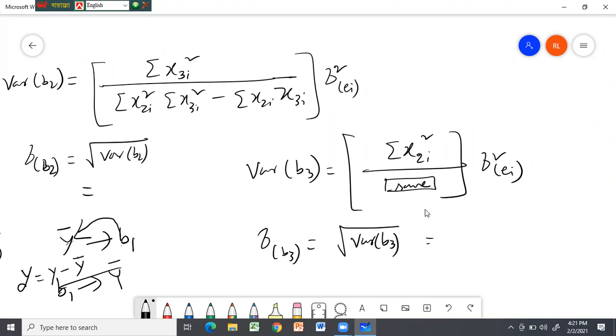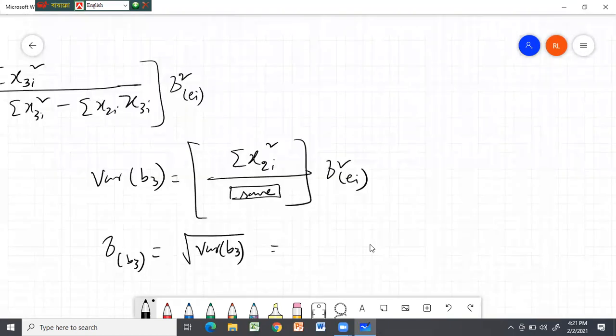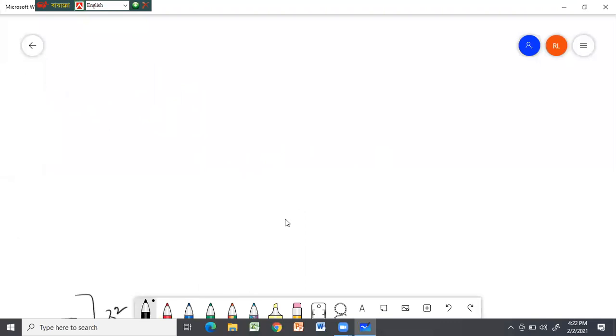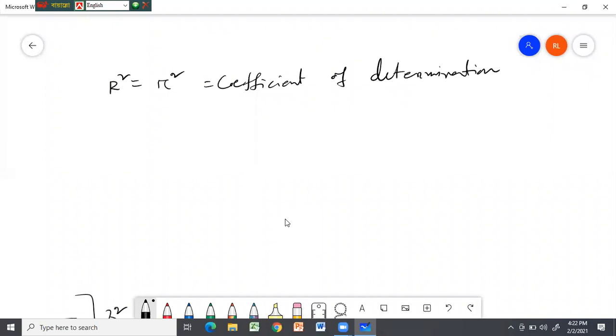And yes, then in requirement C from the same problem, obtain R square and R square bar. Okay. Let me first talk about R square. R square means the same small r square, which is the coefficient of determination, which we have already discussed in the earlier class for the last chapter.